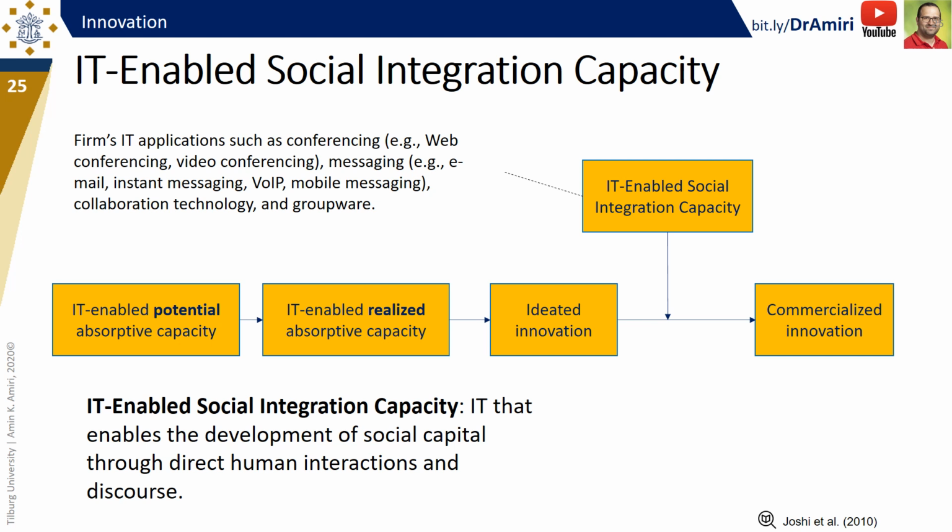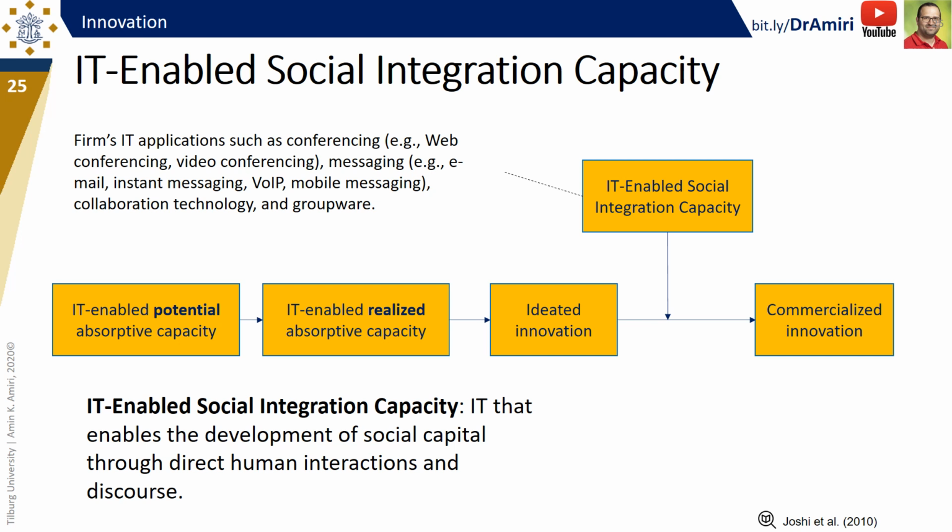That means how much IT enables the development of social capital, social relationship between the employees in the organization. How can you measure that? You can measure that through the usage of IT applications such as web conferencing, messaging applications, emails, and any interaction that occurs through the IT.